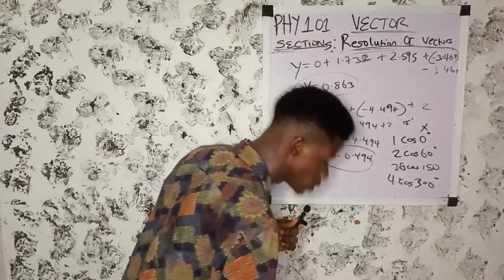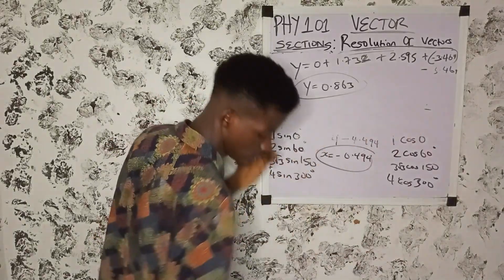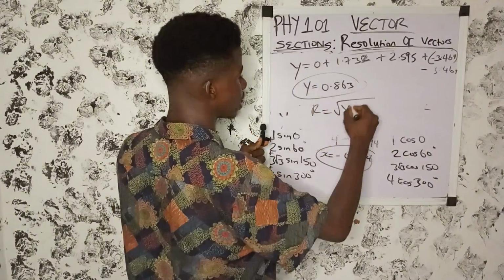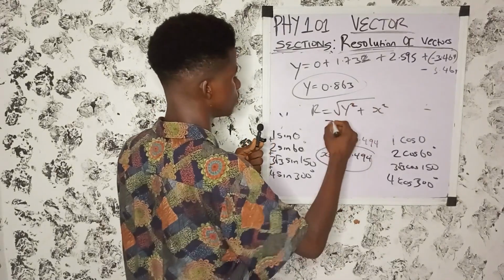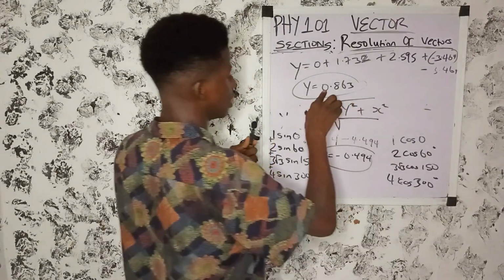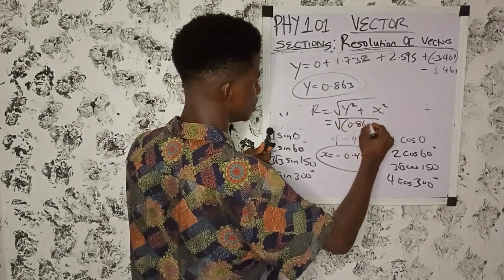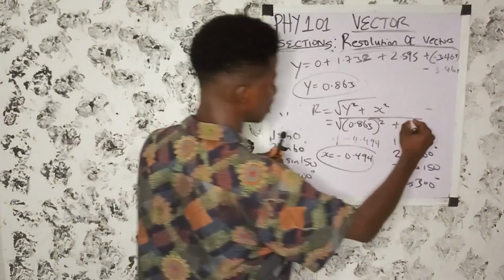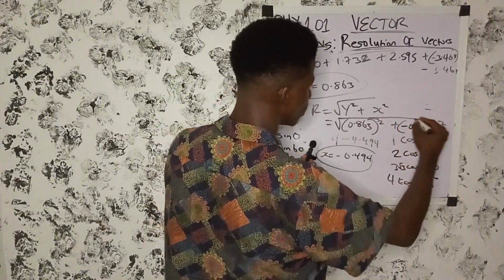Now let's use them to look for the resultant. The resultant is equal to root of y squared plus x squared, or we can do a squared plus b squared, either one. So R equals root. Our y is 0.863, squared, then plus our x, bracket open minus 0.494 bracket close, squared.